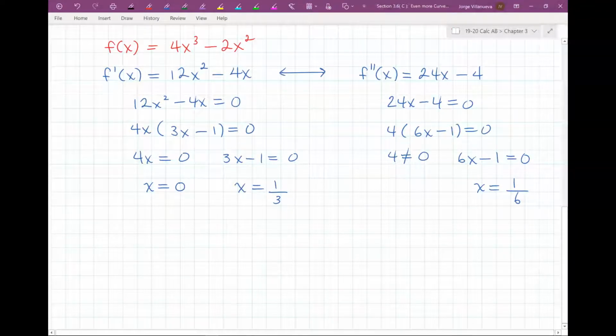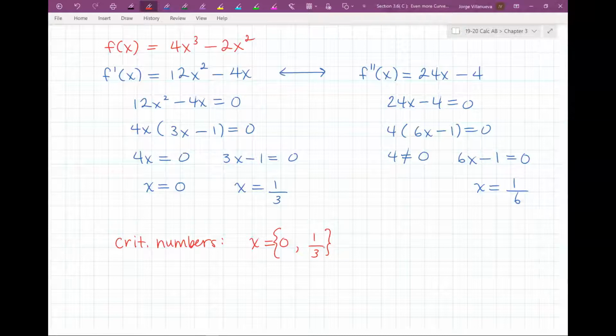So let's see. Critical numbers. My critical numbers are x equals 0 and 1/3, okay? Those are two numbers that I have to remember, the critical numbers for my first derivative.